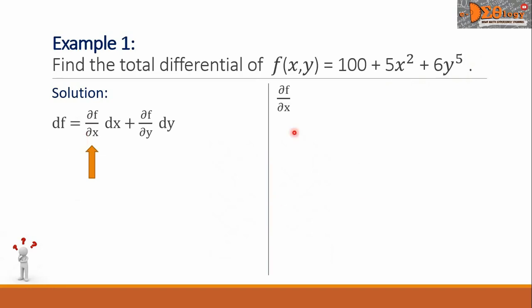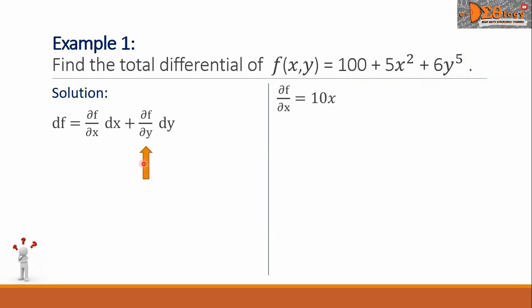We can copy this on the side and let us evaluate. So the value will be 10x because derivative of 100 is 0 because this is constant. Derivative of 5x squared is this 10x. Derivative of 6y raised to 5 is 0 because y variable is taken as constant.